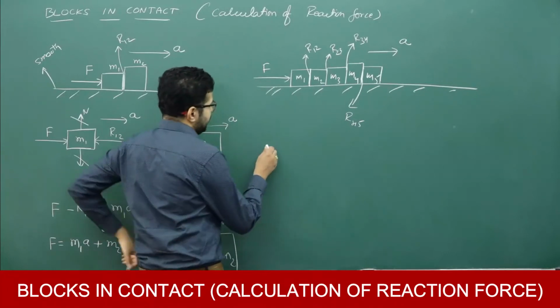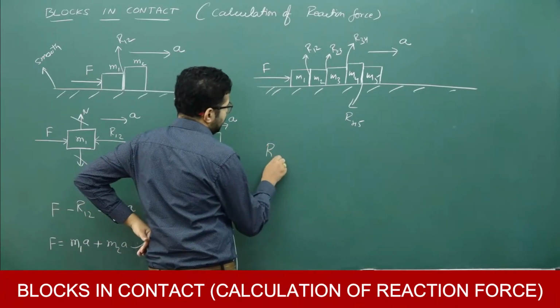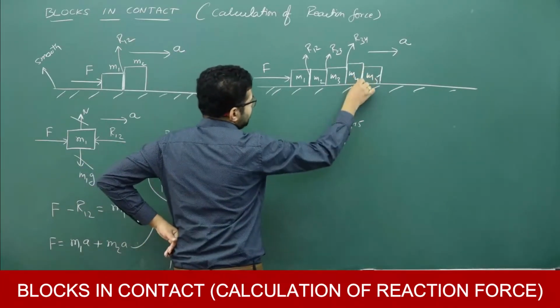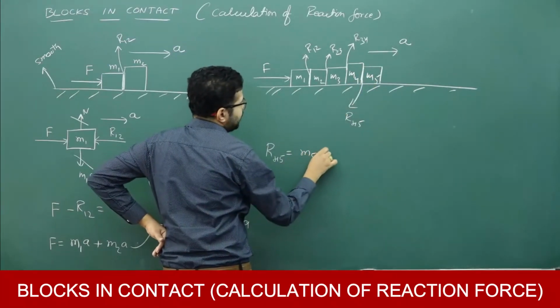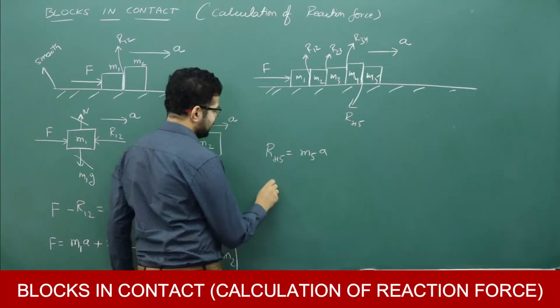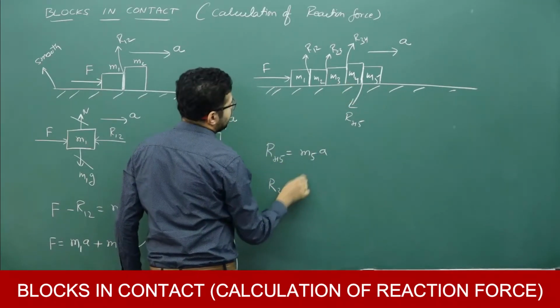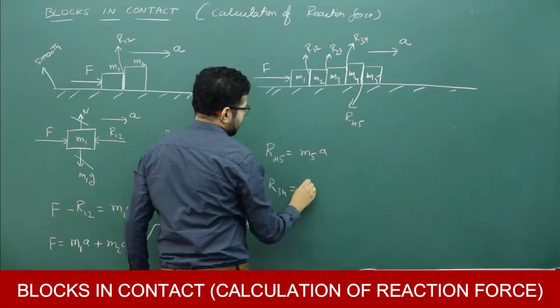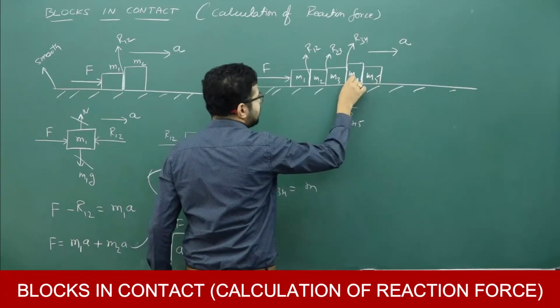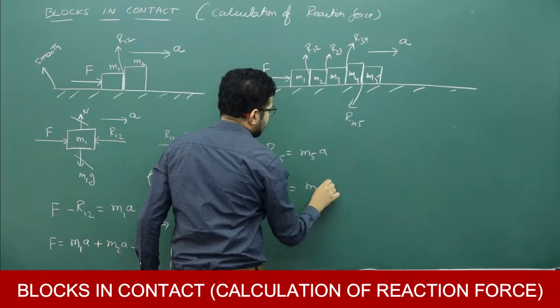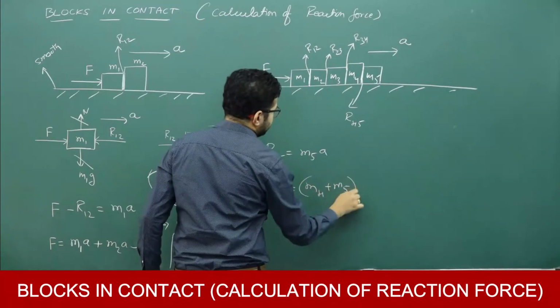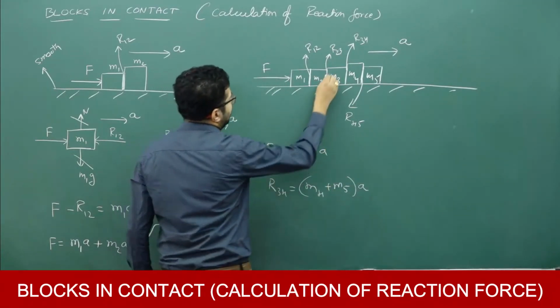Then how do we write the equation for reaction force? R45 is equal to M5 into A. Easy. R34 is equal to M4 plus M5 into A, since it has to push both masses.